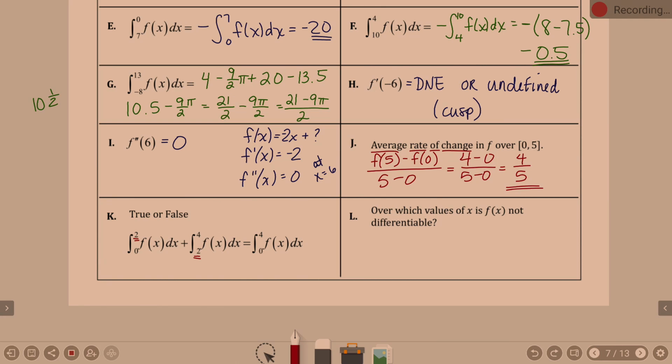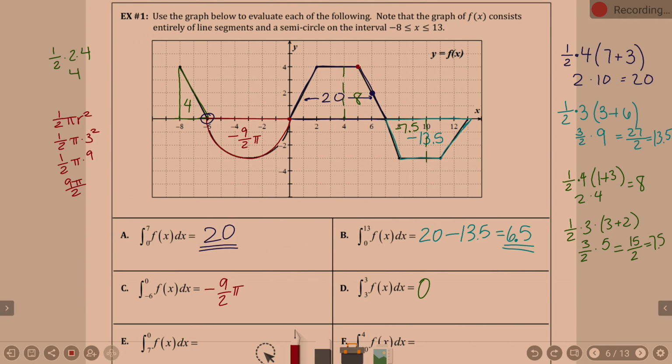Now, prove it. What is the integral from 0 to 2? 4. From 0 to 2, we haven't even done that one technically. Okay, so that's going to be 4. And then 2 to 4 is going to be 8. And then what's 0 to 4? 12.